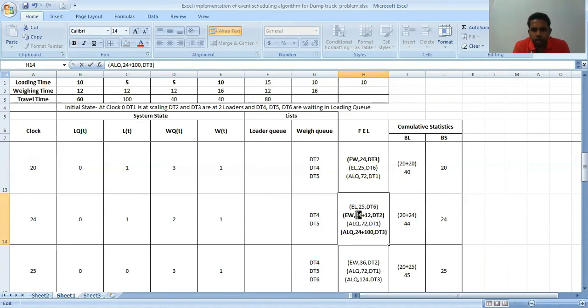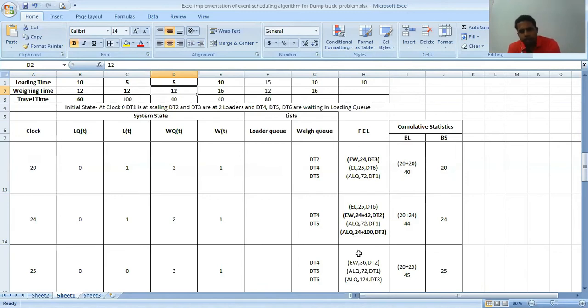Now the current clock time is 24, and 12 is given to DT2, and DT3 has gone for traveling.